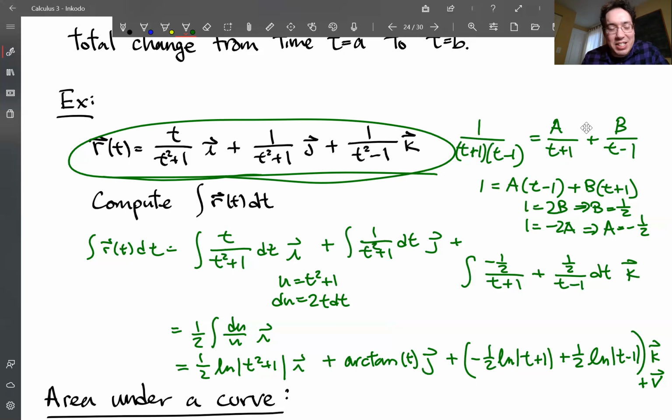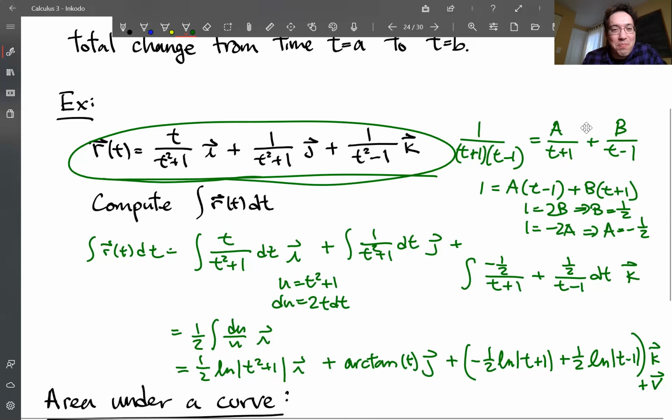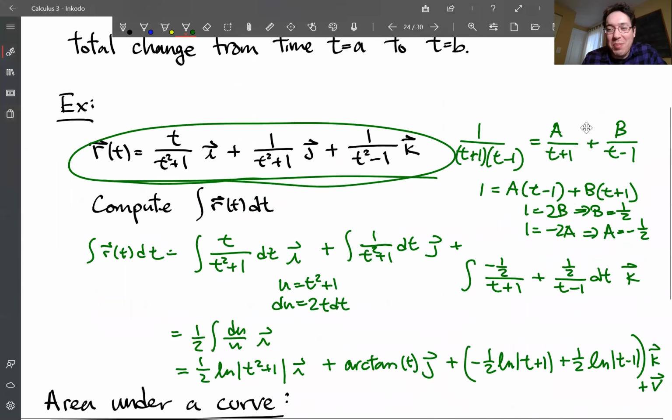Notice how this is just a way for me to ask you Calc 2 questions, right? In fact, I'm giving you 3 different problems in a single problem here. All right, so you can't forget about Calc 2 stuff.